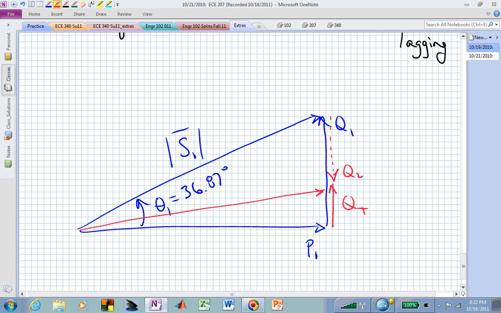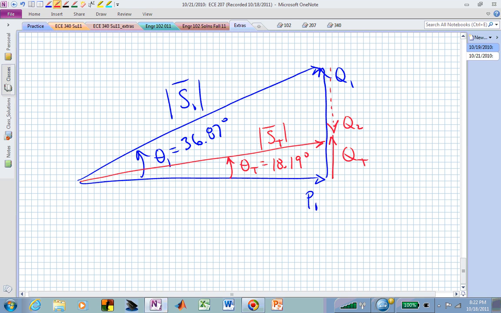P1 stays the same. And we now have S sub T, whose length is this hypotenuse length, and theta sub T we just determined to be 18.19 degrees. Let's now compute Q sub T, and from that obtain Q sub 2.